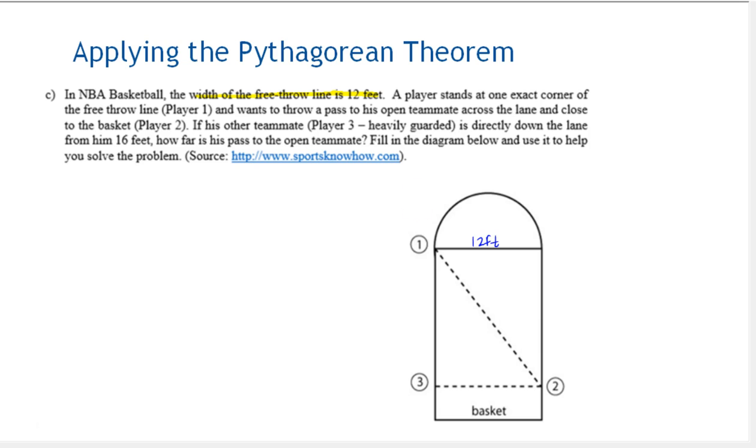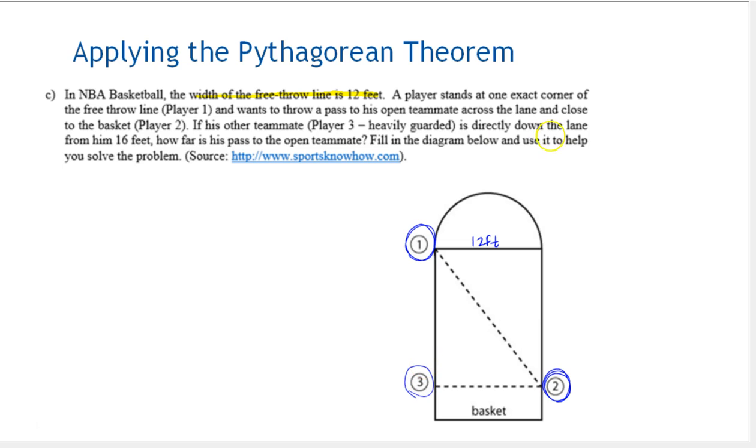So player 1 is here and wants to throw a pass to his open teammate across the lane and close to the basket. So he wants to throw the ball to this teammate. Okay, so I assume he has the ball. Now his other teammate is closer, and it says he's heavily guarded, so that means he might want to throw it to this teammate because he's closer, but there's a lot of people blocking this person.